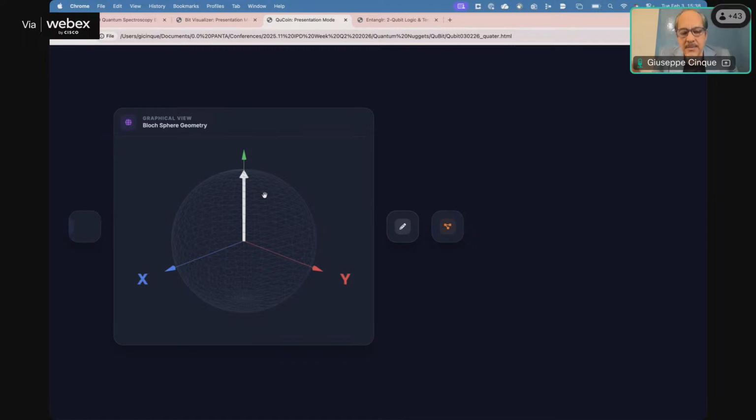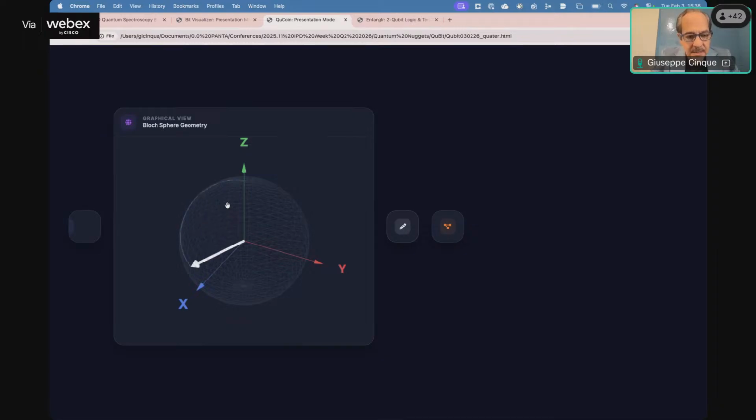Something squared plus something squared equal to 1 reminds of the idea of a sphere. In fact, the points that represent the different possible states of a qubit are all on the surface of a sphere.